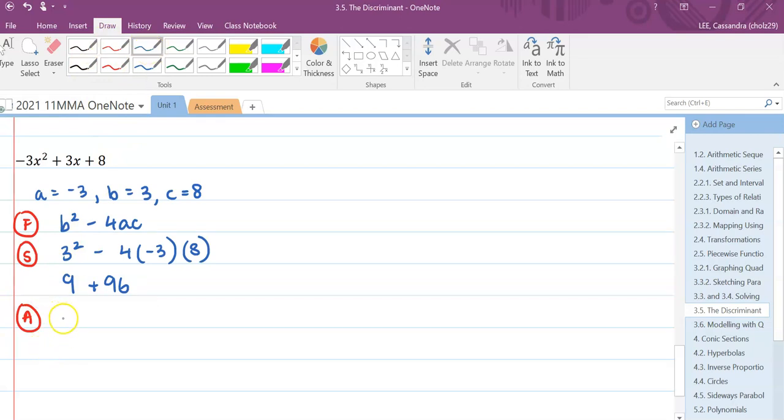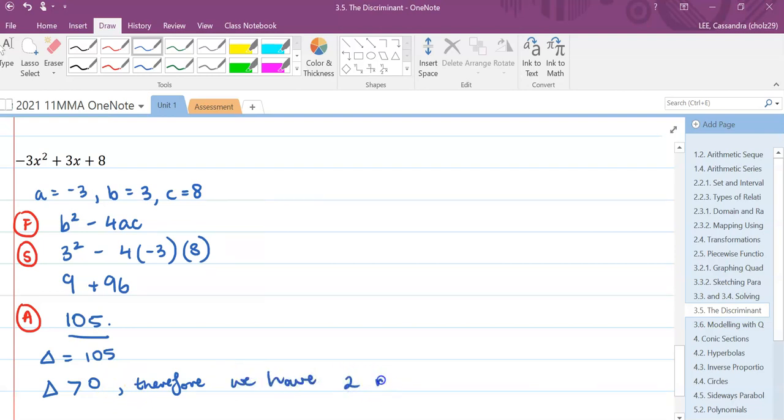So that's going to give me a value of 105. So again, because our discriminant is equal to 105, that means that our discriminant is greater than 0. So therefore, we have two real roots.